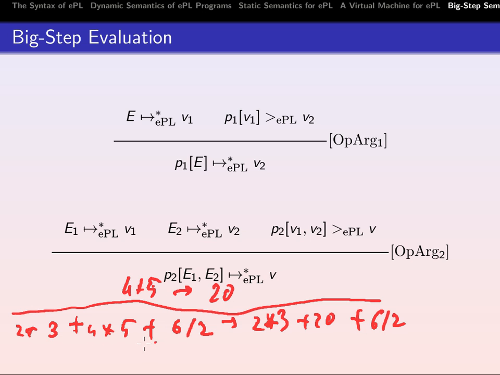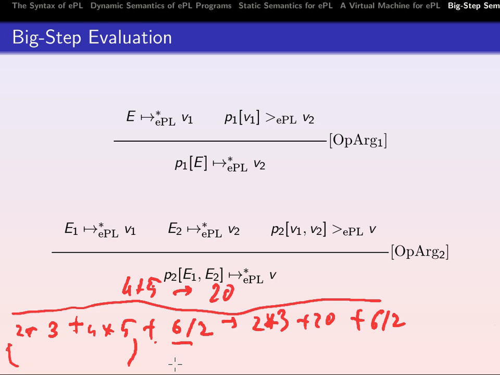Right, so is this plus between 4 times 5 and 6 divided by 2? No, it is between what and what? Very good. So it was between this guy and this guy, right? Because plus associates to the left. Right?